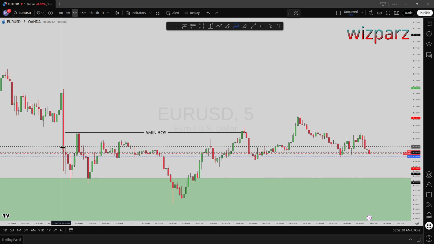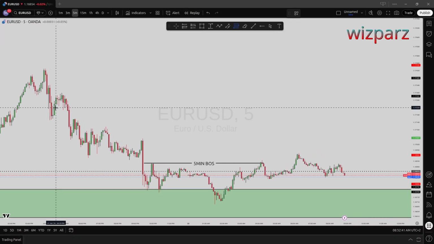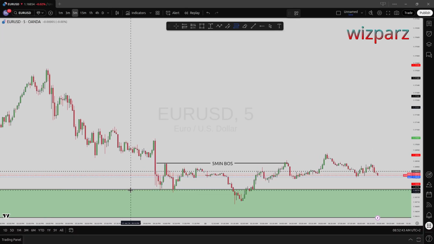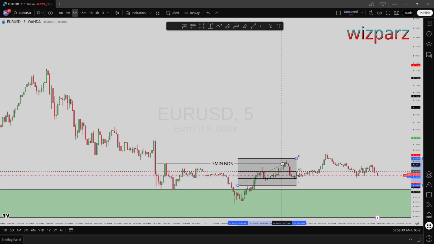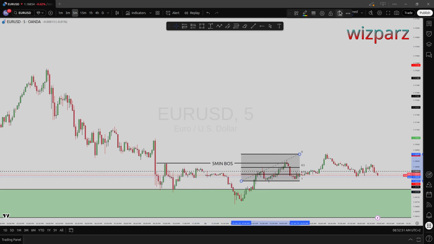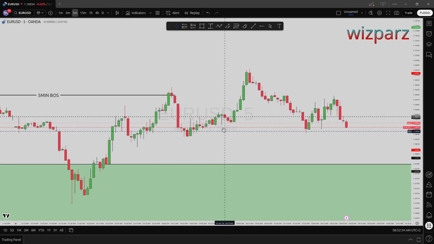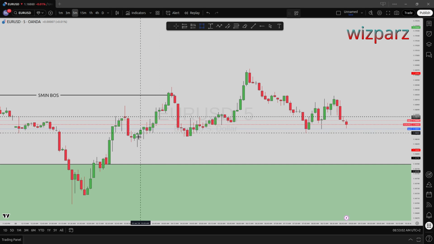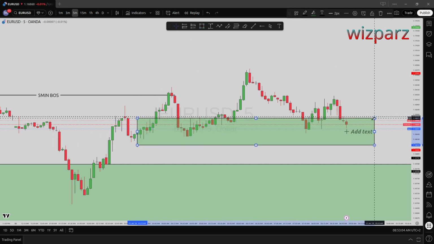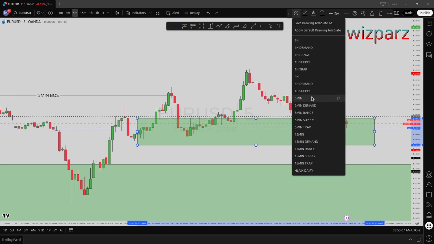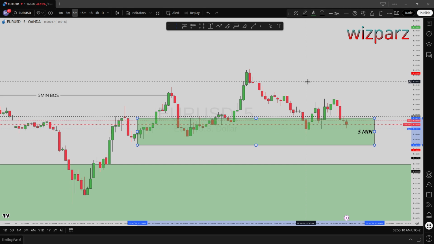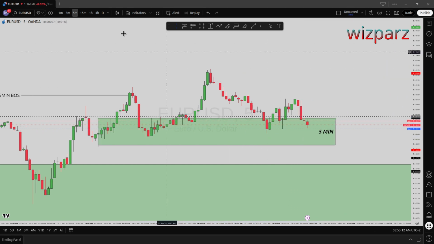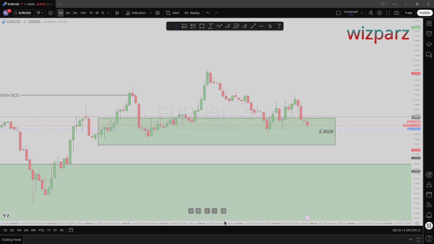After seeing 5-minute change of character, wait for price to retrace back to this area of 5-minute demand, and check if the price has made a change of character on 1 minute in allowed time frame.